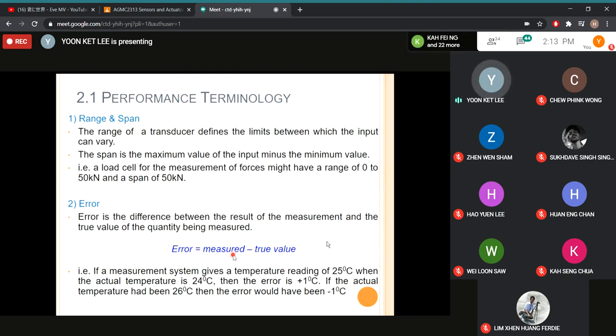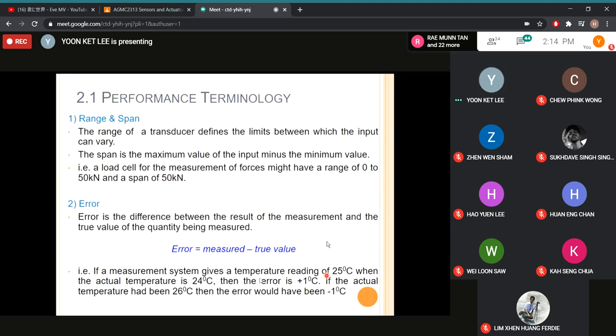That means the true value of my body temperature maybe is 37 degrees, but what I measure is 36.9. That means there will be an error of 0.1 degree. You understand? This is what I mean by the error.